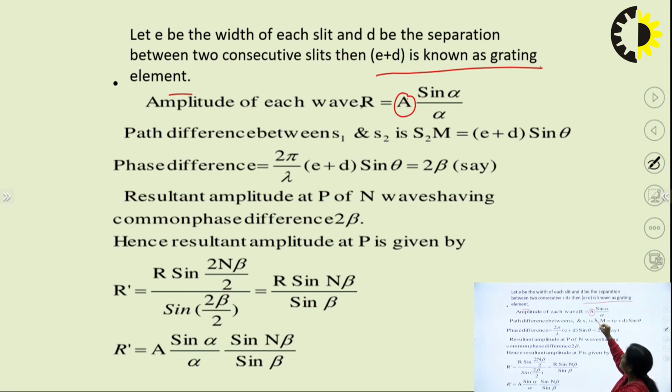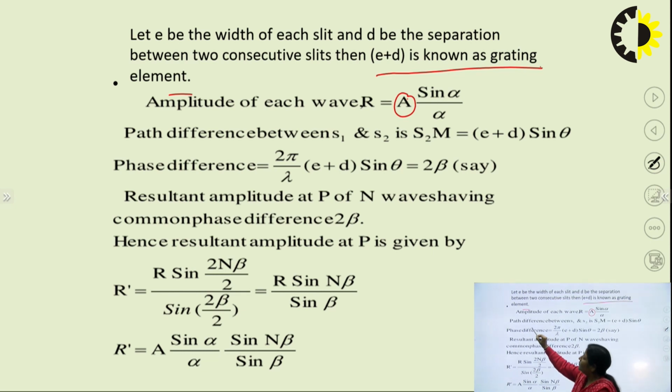This whole thing is the amplitude for the diffracted beam which is coming out from the single slit. We must not forget that each and every slit is going to diffract the beam. All right. So the behavior will be same. So this is the amplitude of the beam which is diffracted due to the single slit.